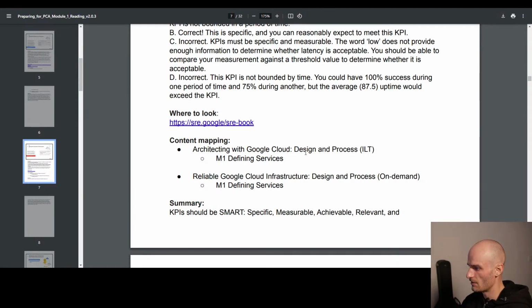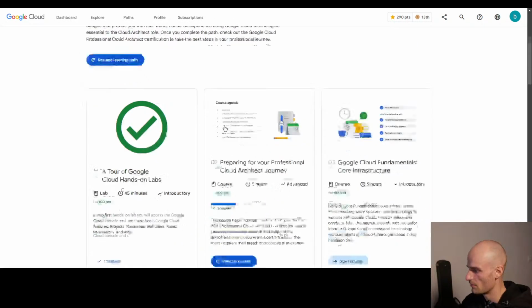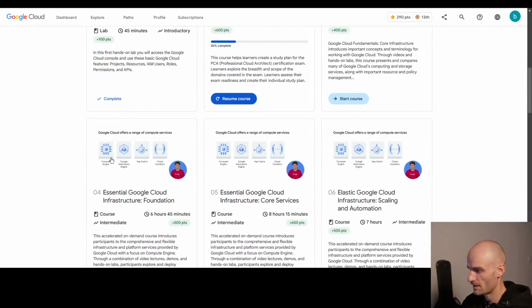Architecting with Google Cloud, designing process. Let me see one thing. So I'm just curious if all these modules are comprehended here.